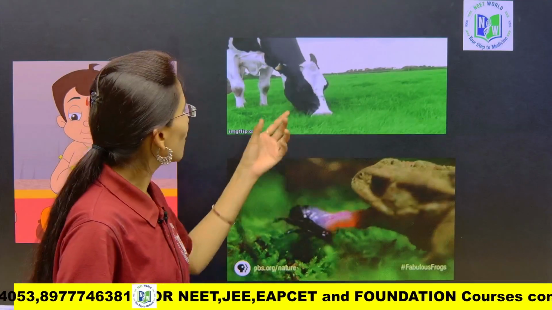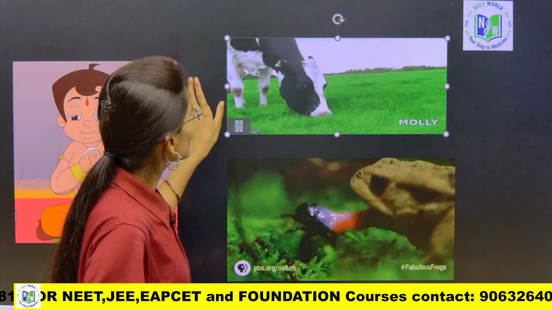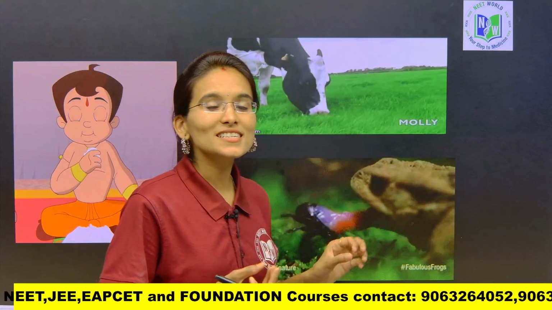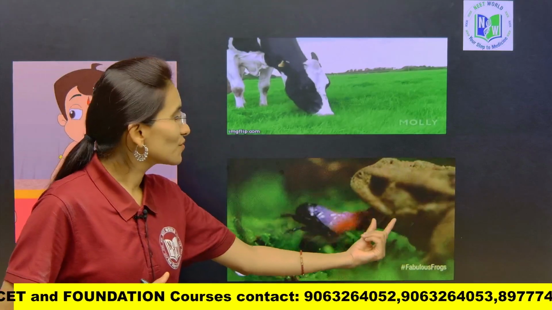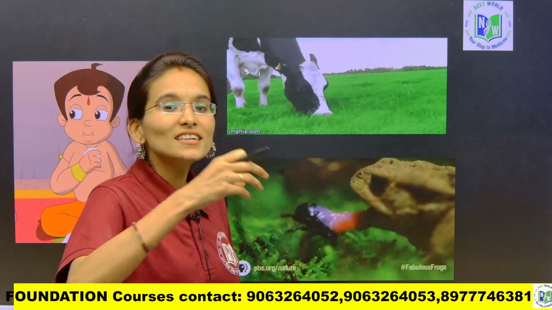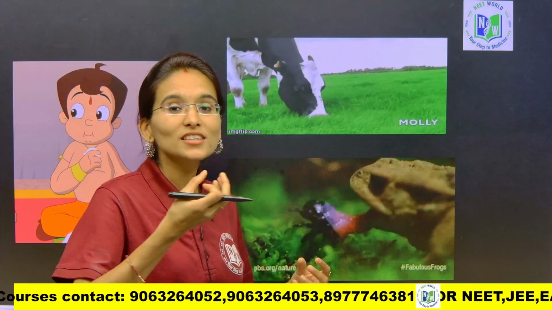What is he performing here, my dear students? He is eating the food, right? Now if you look at the cow, the cow is taking the grass as food, and next the frog is grasping and capturing the insects as a source of food.